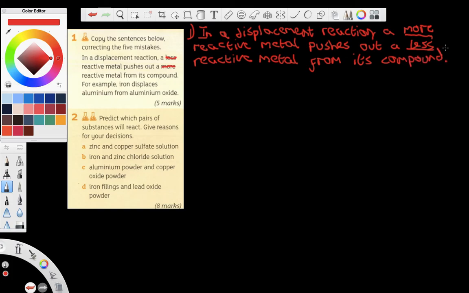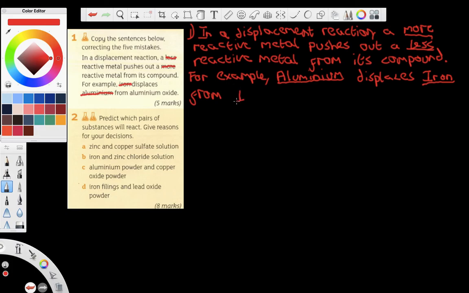You should have then said, for example, aluminium displaces iron, and that was the fourth mistake, from iron oxide, and that was your fifth mistake.